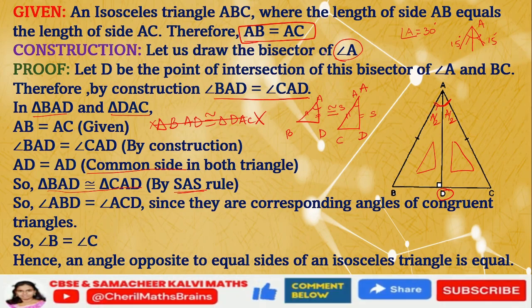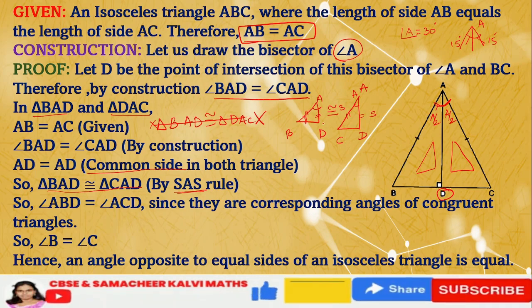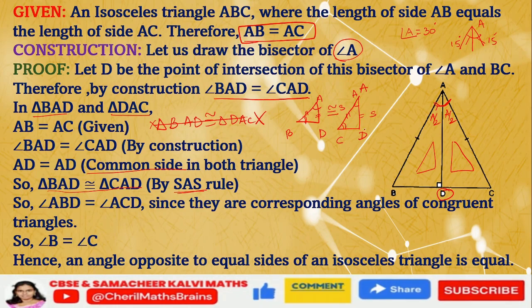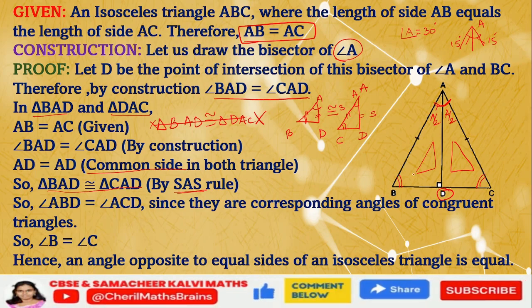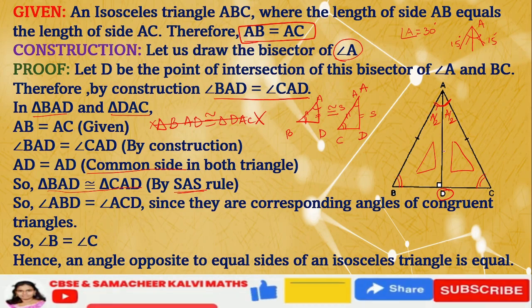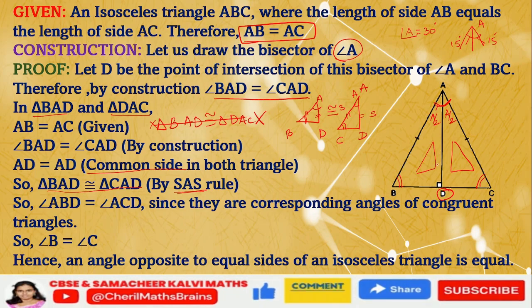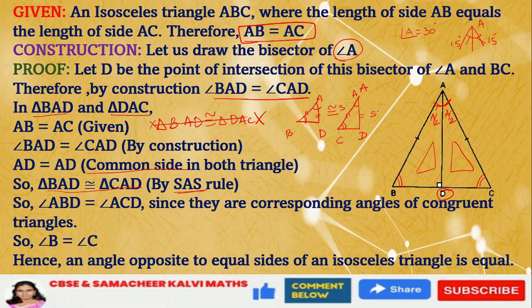Since these two triangles are congruent, obviously angle ABD will be equal to angle ACD. Let's draw it here. Angle ABD is equal to angle ACD. Now have we proved what we needed to prove? Yes. So what was our statement? Angles opposite to equal sides of an isosceles triangle.